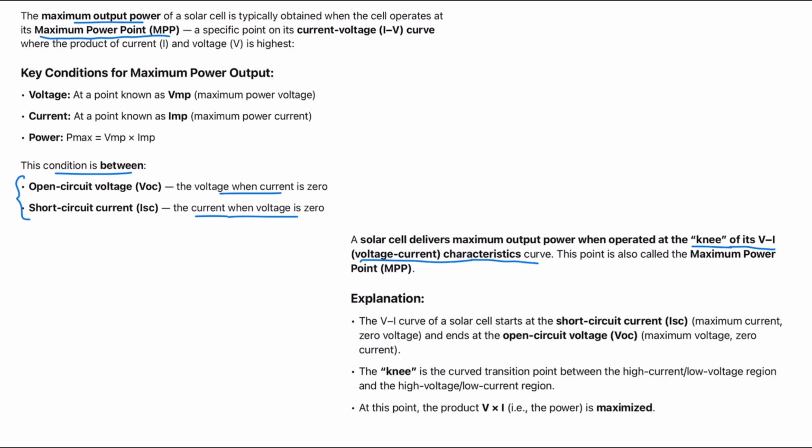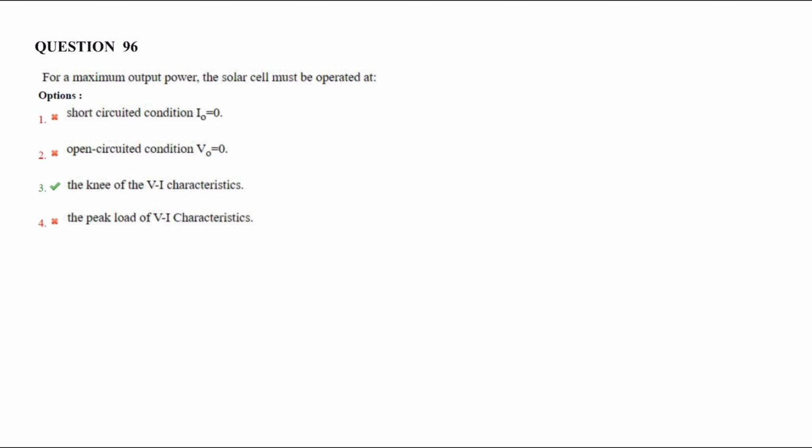At the knee point voltage is maximum, current is maximum, therefore power is also maximum. For a maximum output power, the solar cell must be operated at the knee of its VI characteristics, but not short circuit condition, but not open circuit condition.